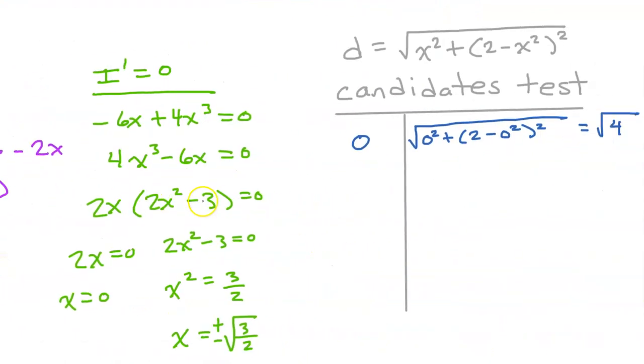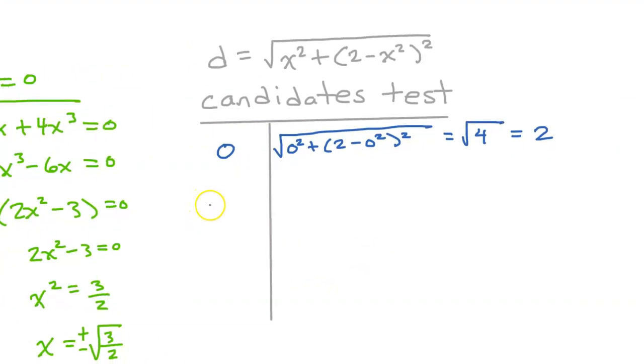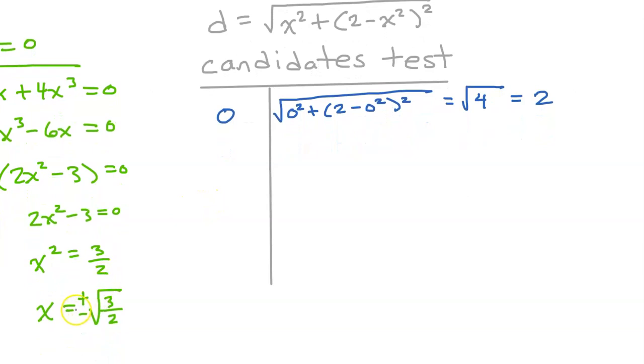But hey, we're doing a candidates test. So let's go through these motions. What's next? Next, let's do the positive radical 3 over 2. So let's try an x value of positive radical 3 over 2. It's going to be a little bit cumbersome, so bear with me. I think I'll have to make it kind of big.